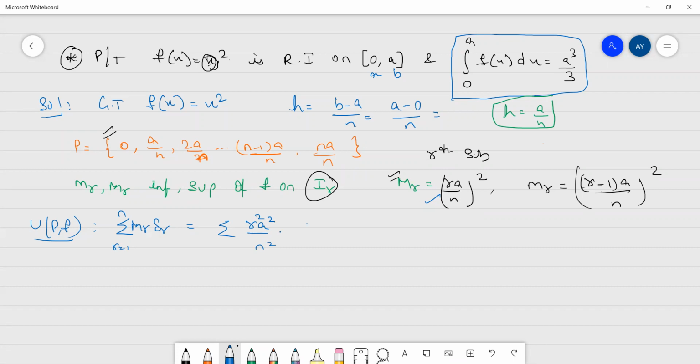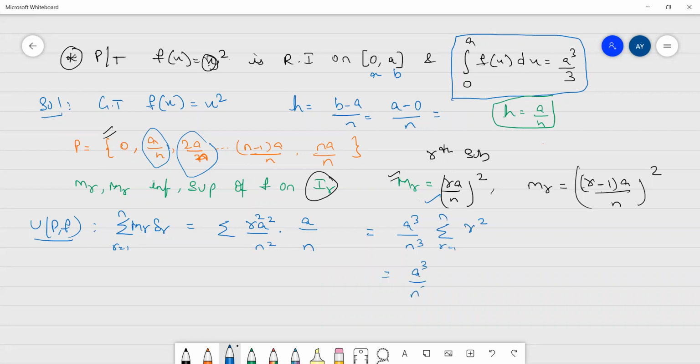The difference, which is a by n. The difference between a by n and 2a by n is a by n, so that is what we write. So that equals a cube by n cube, which are constants, so take that out, times summation of r square. If you define it from r equals 1 to n, what will that be?